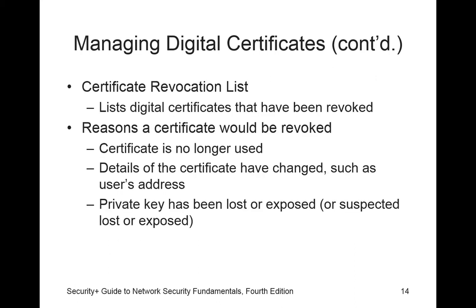The CRL is basically just a list of everything that's been revoked. Pretty straightforward. Reasons to revoke a certificate are if it's no longer used, the details of it have changed, or the private key has been lost or exposed.